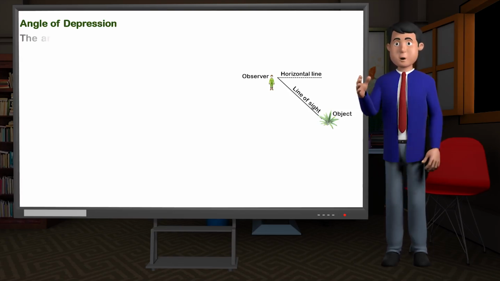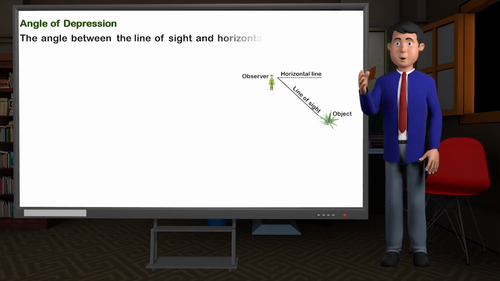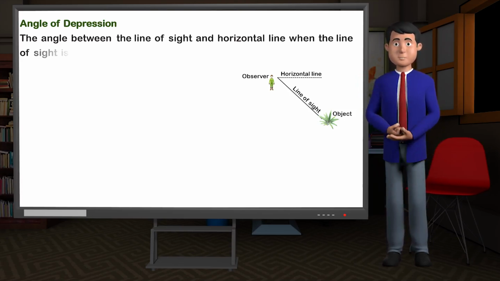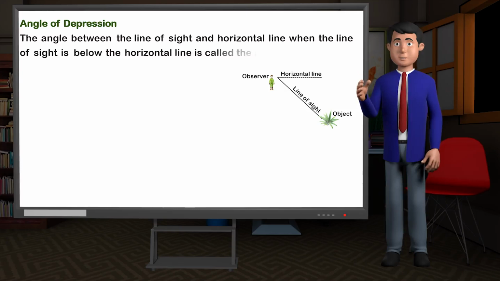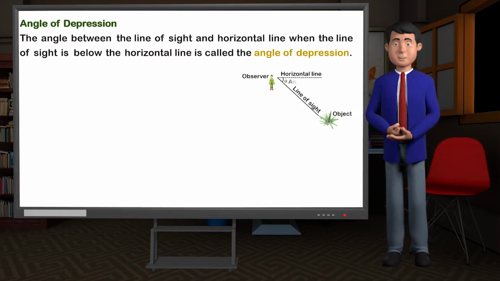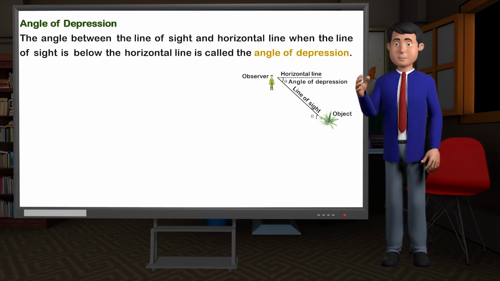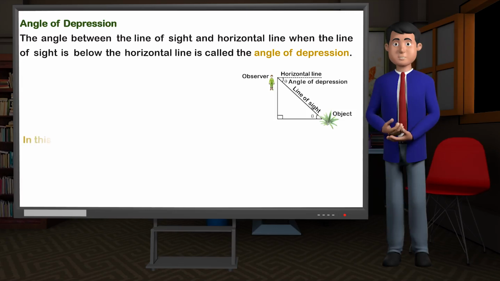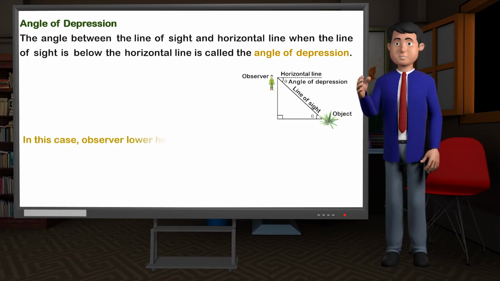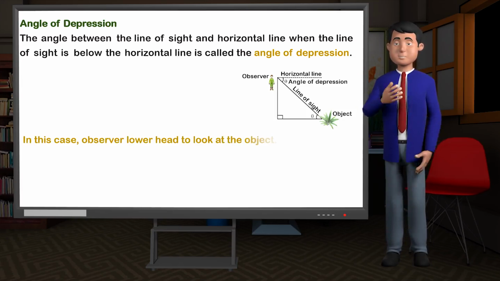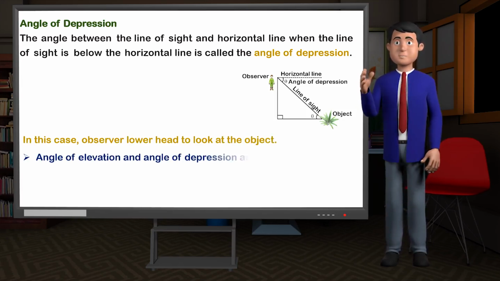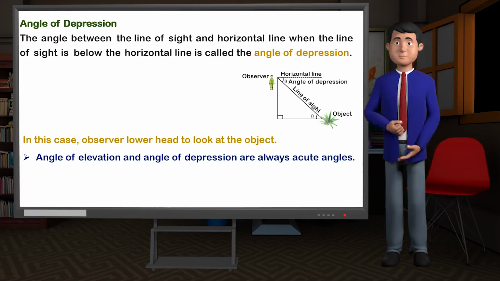Now the angle between the line of sight and horizontal line, when the line of sight is below the horizontal line, is called the angle of depression. In this case, the observer lowers the head to look at the object. Angle of elevation and angle of depression are always acute angles.